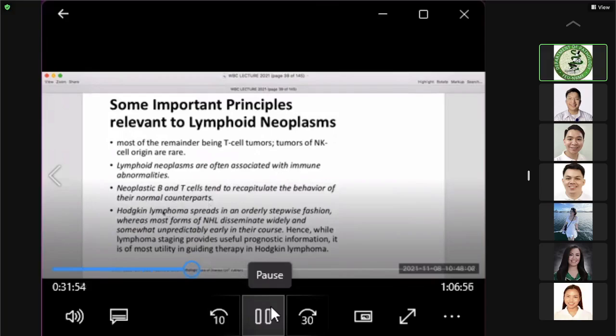And then Hodgkin's lymphoma, take note that Hodgkin's lymphoma spreads in an orderly, stepwise fashion, which is different from non-Hodgkin's lymphoma, which disseminates widely and unpredictably at that. So it says here, while lymphoma staging provides useful prognostic information, it is of most utility in guiding therapy in Hodgkin's lymphoma.